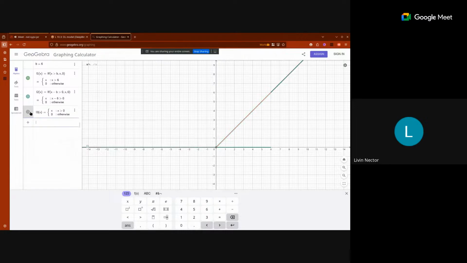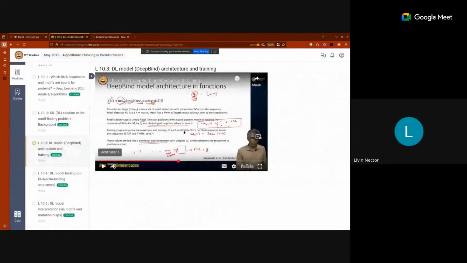So this one looks like the ReLU function. Got it. So that triangle is getting clipped out. This is the ReLU function, right? ReLU of something, ReLU of A minus B.